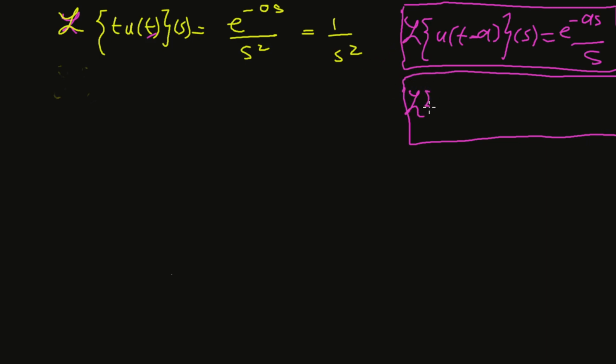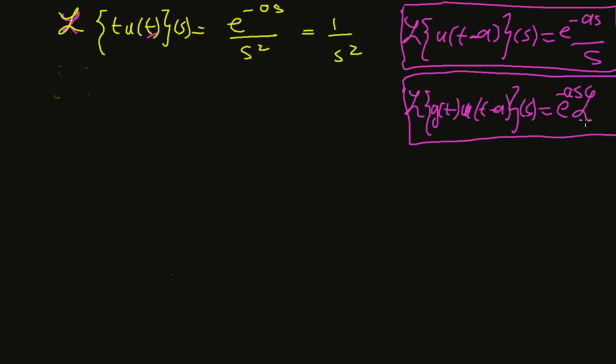What is the Laplace transform if you have g of t, so it's not f of t minus a times u of t minus a, it's some g of t, then u of t minus a on s, then that exponential is there again.